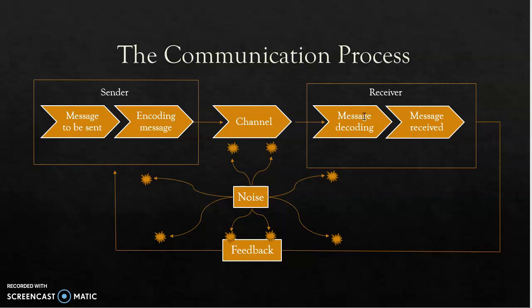If you're talking to your direct supervisor and they've got three fires happening simultaneously, they may not receive the message as well due to all the noise when they're trying to decode it. There can be noise through barriers, like if there's cross-cultural communication, there can be language barriers that create noise that disrupt that message being received.